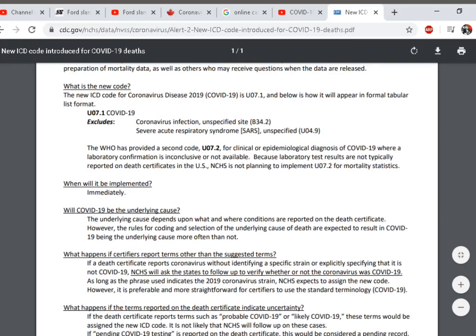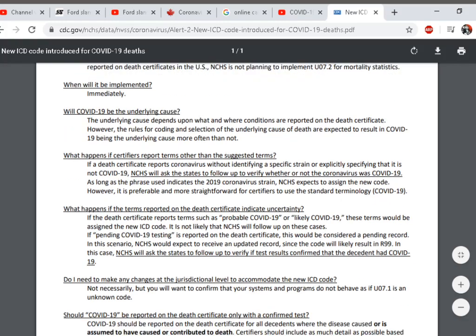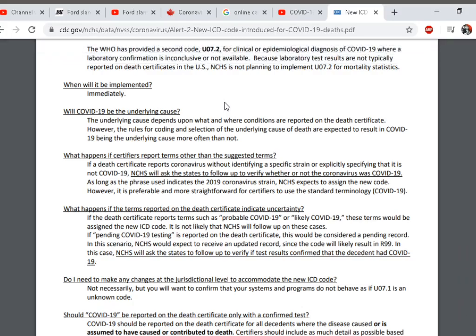When will it be implemented? Immediately. Will COVID-19 be the underlying cause? The underlying cause depends upon what and where conditions are reported on the death certificate. However, the rules for coding and selection of the underlying cause of death are expected to result in COVID-19 being the underlying cause more often than not.